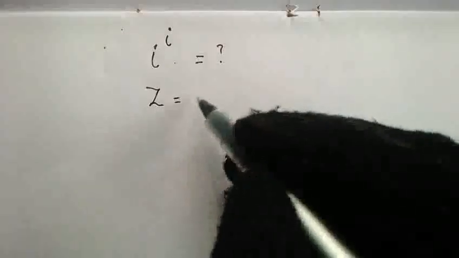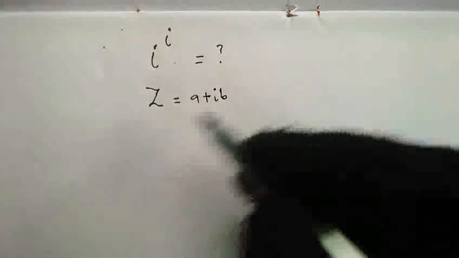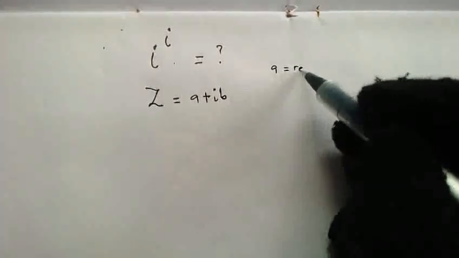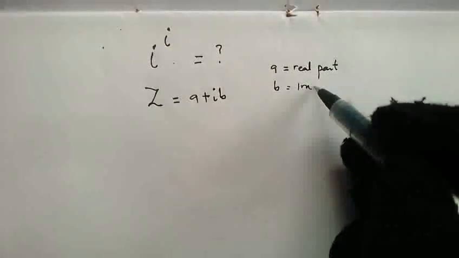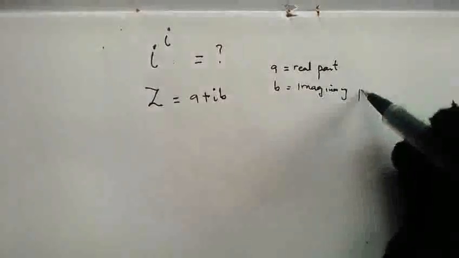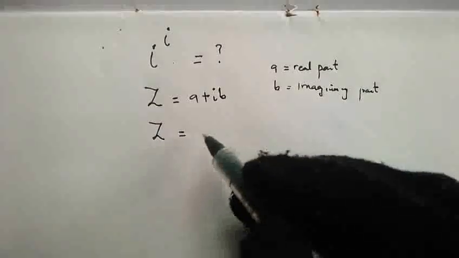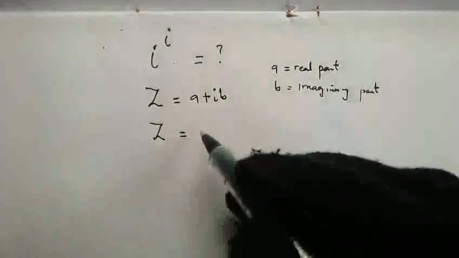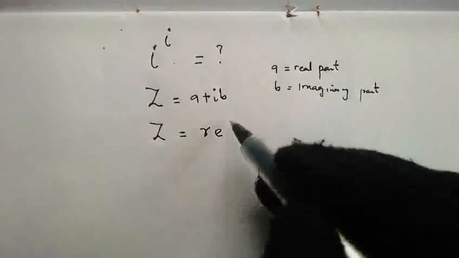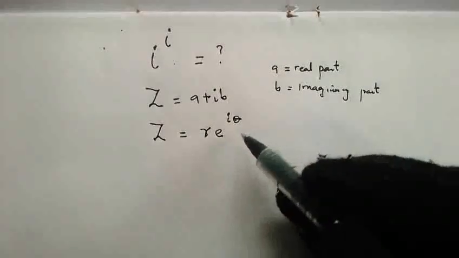Let us recall that if we have z equals a plus ib, where a is the real part of the complex number and b is the imaginary part of this complex number, then our z in polar form can be written in exponential form as r e raised to I theta. So I actually mean in exponential form.